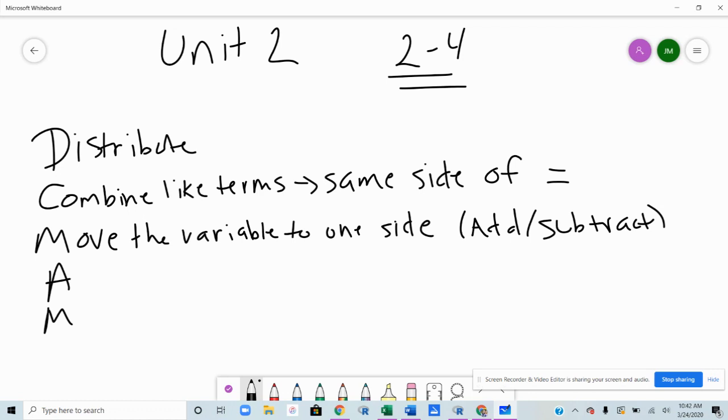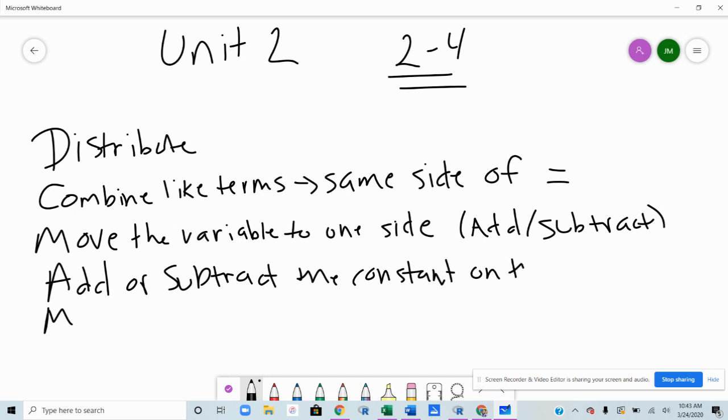Next, the A stands for add or subtract the constant on the same side as the variable. So add or subtract your constant that you've got. Okay, so remember your constant is a number that doesn't have the variable attached to it, but we're focusing on the one that's on the same side as your variable.